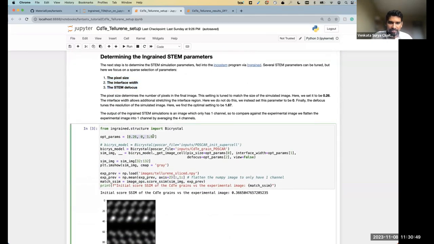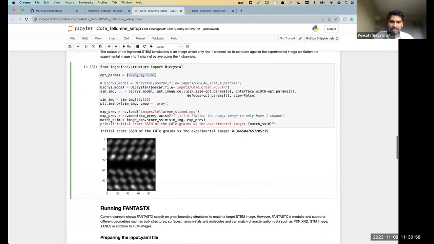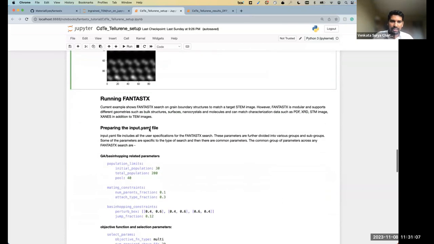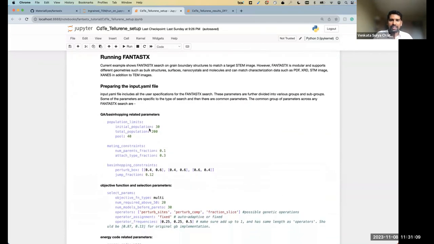So we provide these input parameters, I mean, the optimized parameters from Ingrained. So these are the optimized parameters. And here we are just making sure to check the comparison score before we run the FANTASTX. And in order to run the FANTASTX, we did the first part, which is we got the experimental image and the grain boundary structure, and the region is also defined corresponding to the structure that we want to search within.